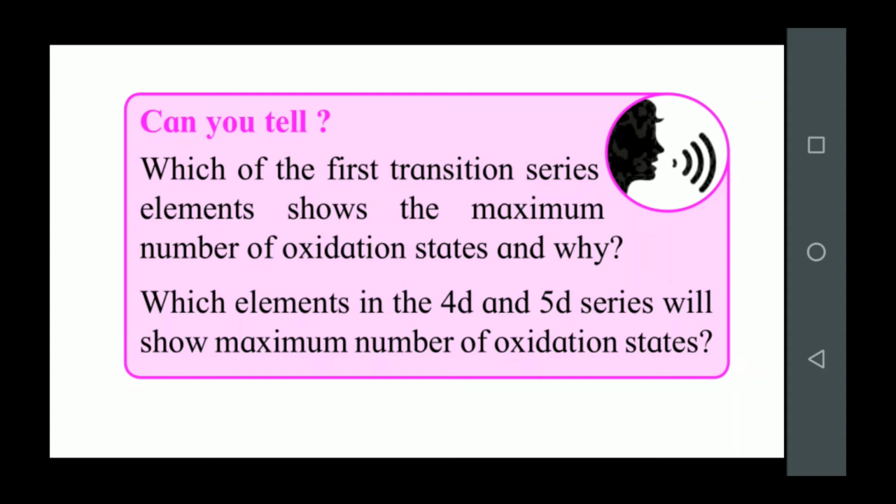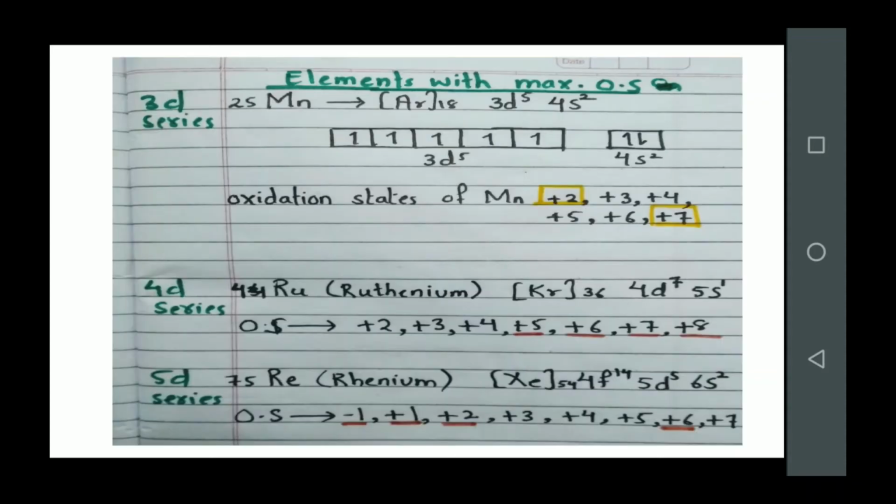So let's see the first series, that is your 3d series. In 3d series, manganese is the element with the maximum number of oxidation states. I have shown here the electronic configuration of manganese in ground state. You can see here manganese has 2 electrons in s orbital and 5 unpaired electrons in d orbital.